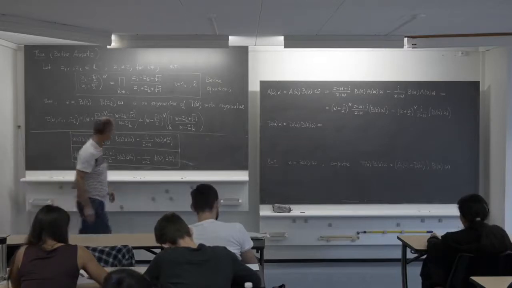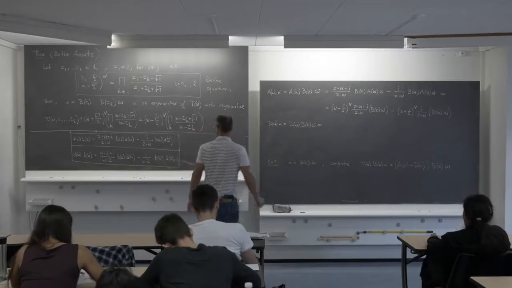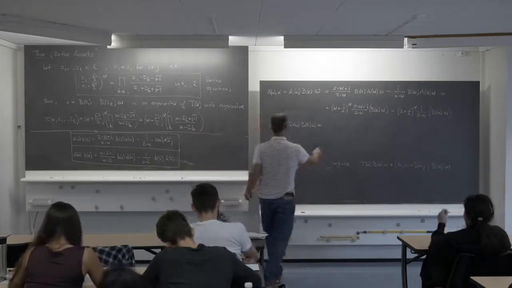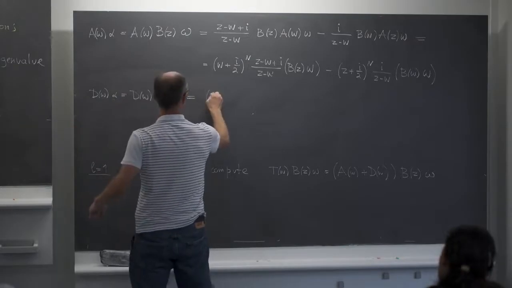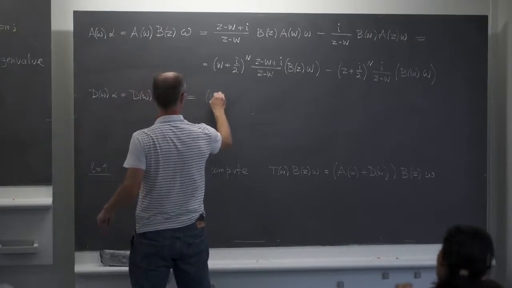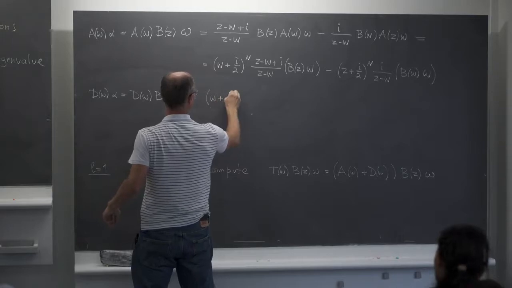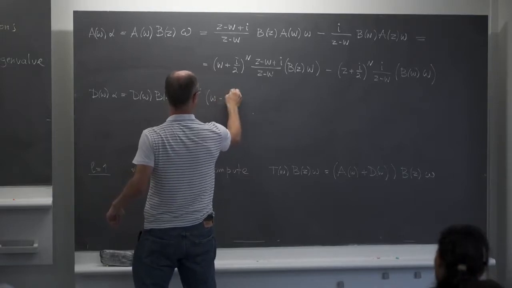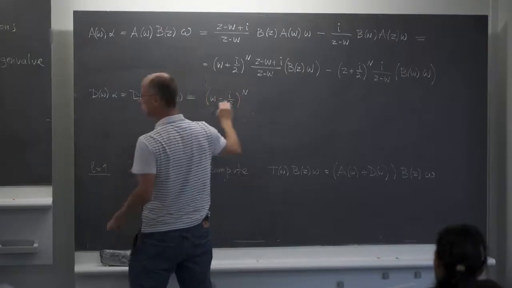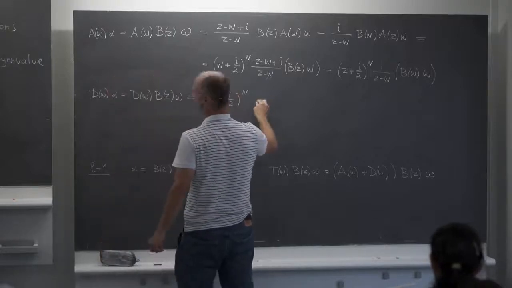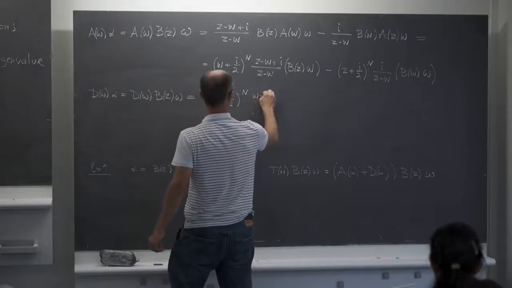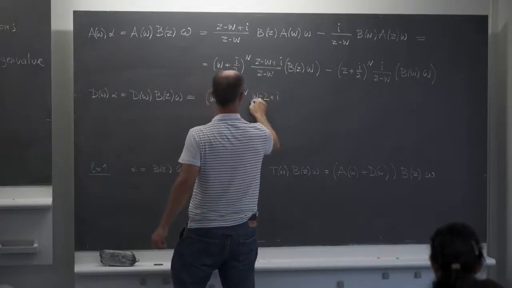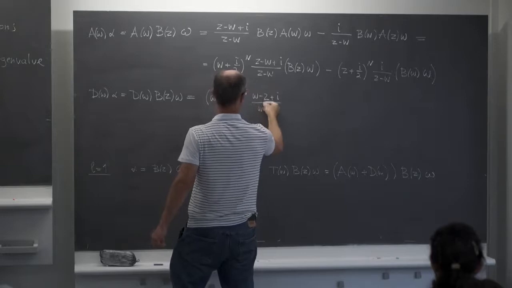No, let me still do it. Can we write the answer? Probably. At least we can try. So I'm trying to copy the other formula. I should be getting w minus i over 2 to the n. Now w minus z plus i over w minus z.